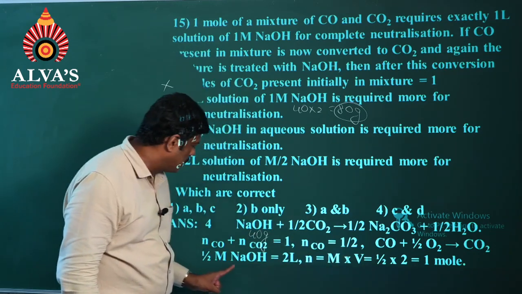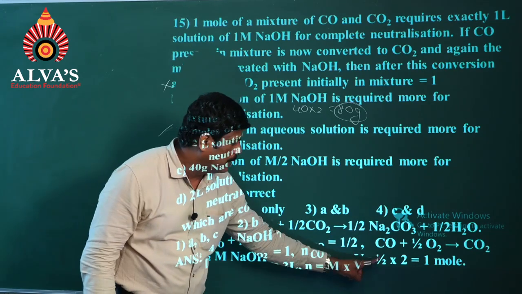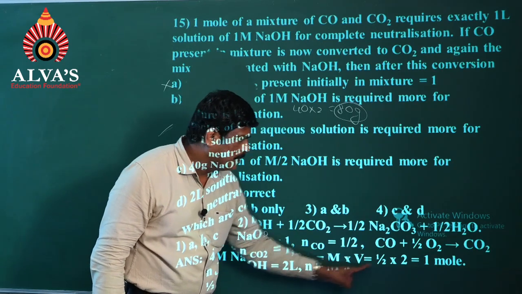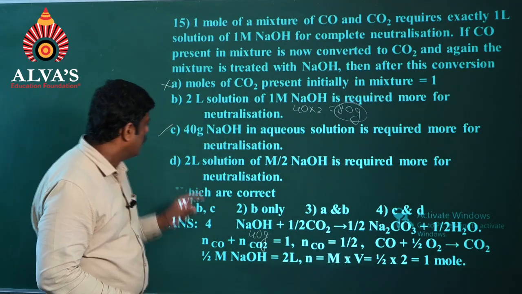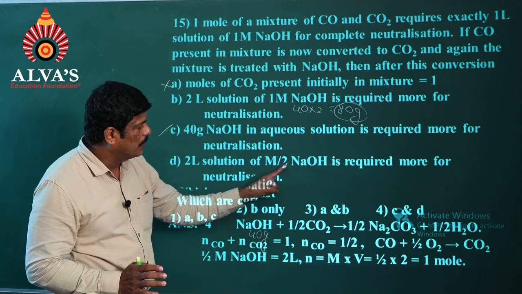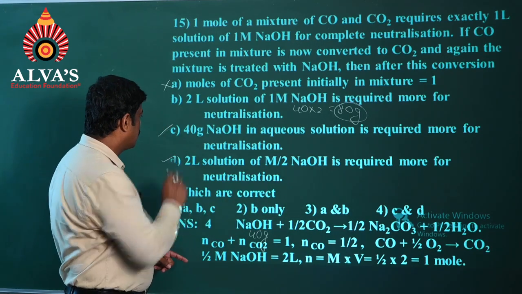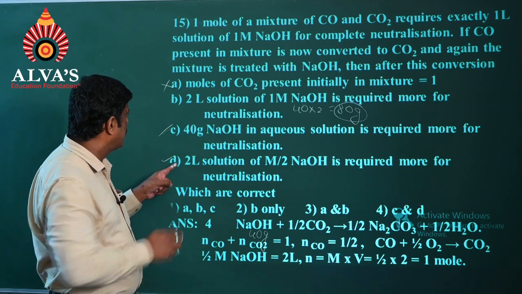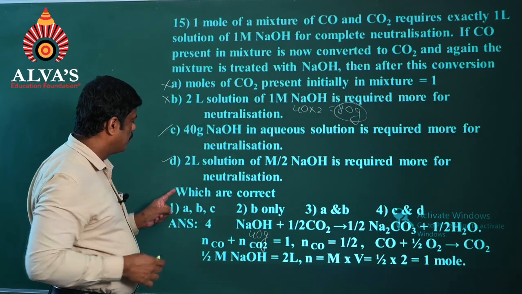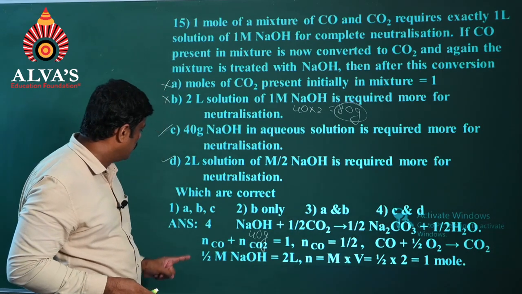Molarity is given, that is 1/2 molarity, 1/2 into volume of 2 liter, hence it is 1 mole. Means 2 liter solution of M/2 sodium hydroxide also contains 1 mole of NaOH, hence this is also correct. Means these two are the correct statements and A and B are the wrong statements, hence we have to go for the 4th option.